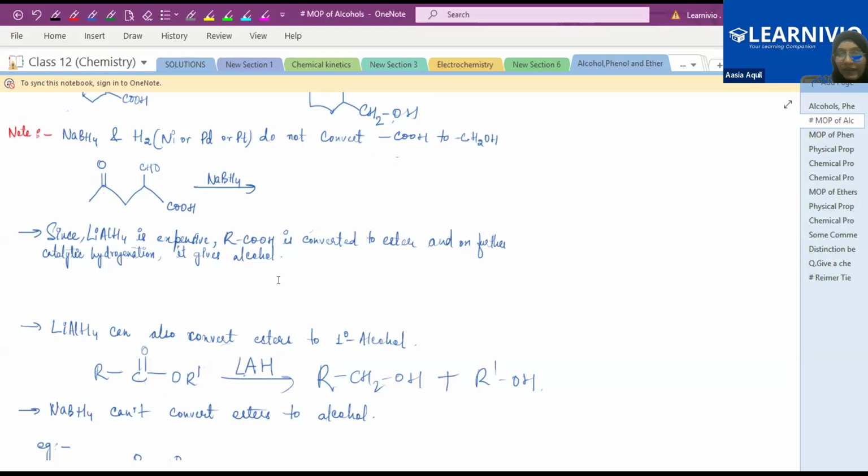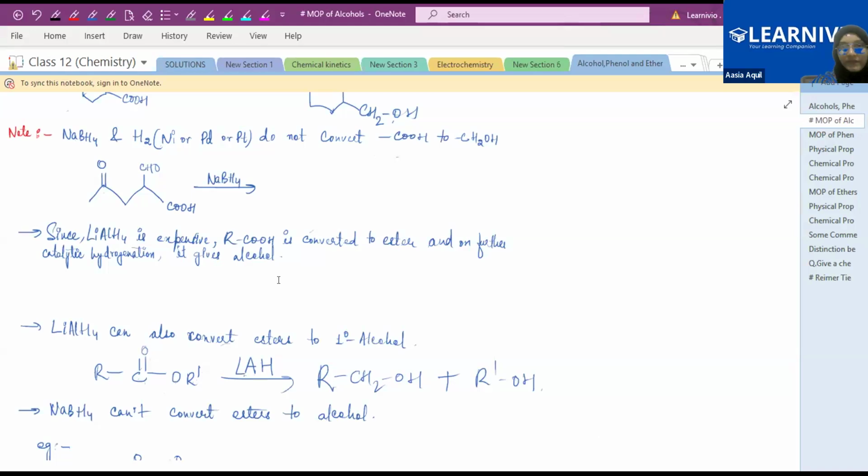Sodium borohydride will only reduce carbonyl compounds, meaning aldehydes and ketones only. H2 in the presence of a catalyst, nickel or palladium or platinum, does not convert the carboxylic acid to a corresponding alcohol.